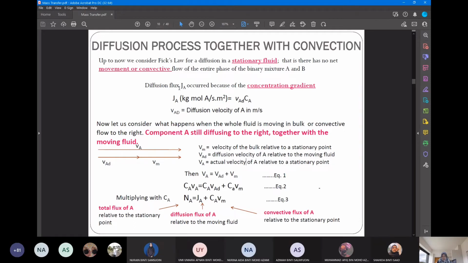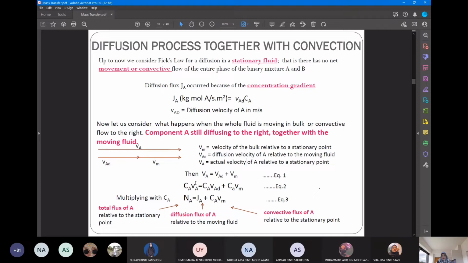In the diffusion process together with convection, you have to add both of them based on what you have for the velocity. So VA is equal to VAD plus VM.